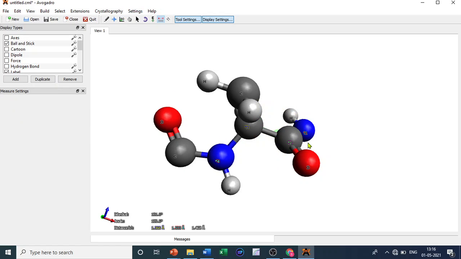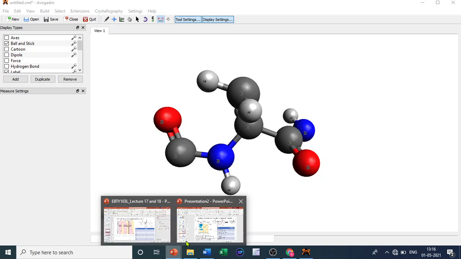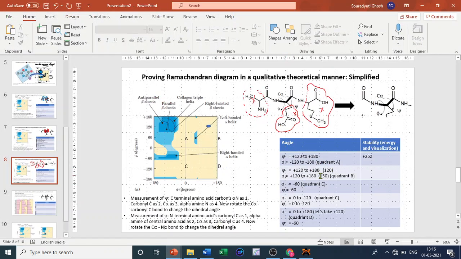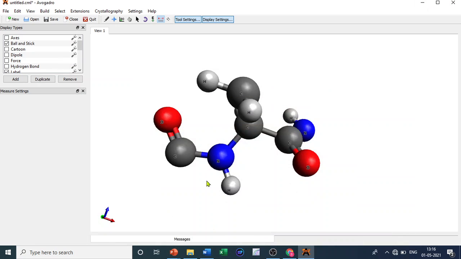The next thing we want to do, we want to change the phi to be 150. Okay, so plus 150. So that should be right here. Okay, so let's do it. So this starts with this carbon 1, 2, 3, 4. So plus 150. So right now it is minus.